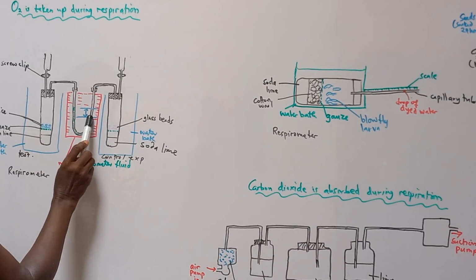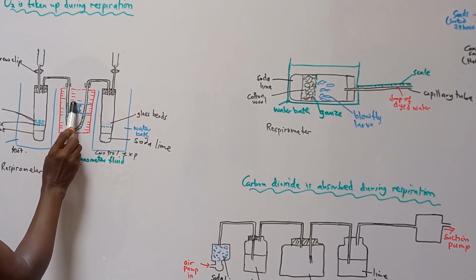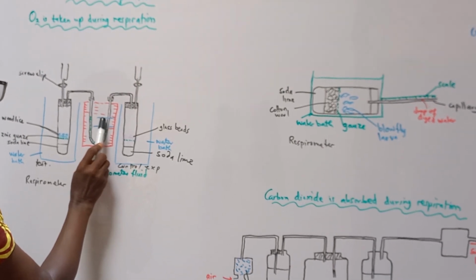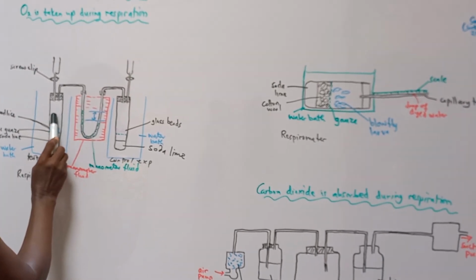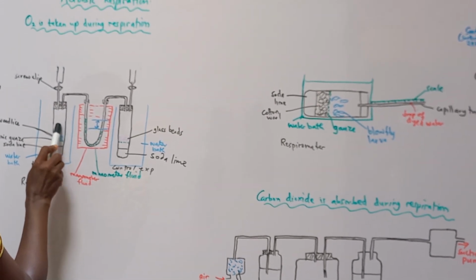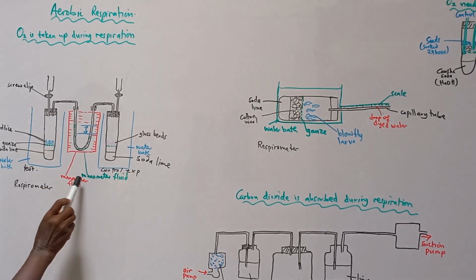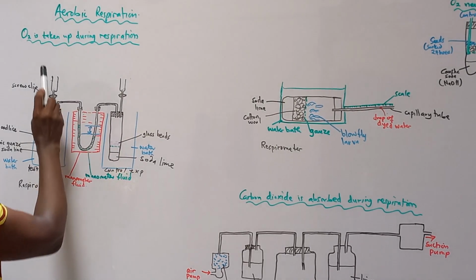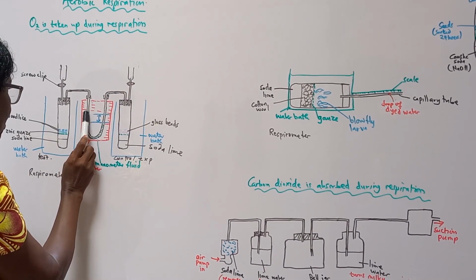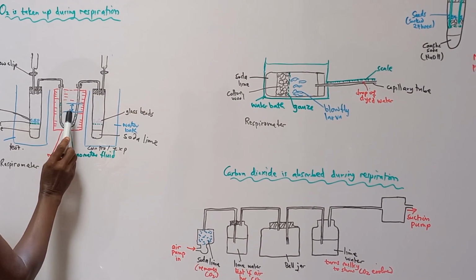And so we can read the differences in the height of the liquid in the manometer, and the differences in the height correspond to the amount of oxygen that was taken up from the system, from the respiration. That is how this respirometer is used to show that oxygen has been taken up, because the level of the manometer fluid will be higher here than here.